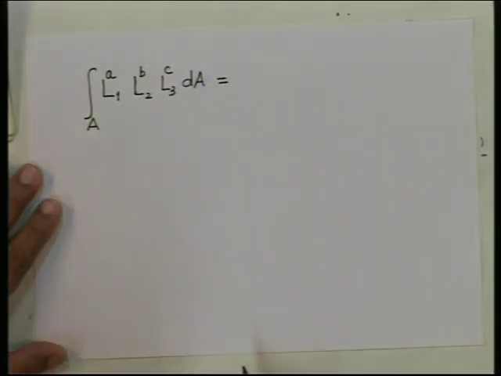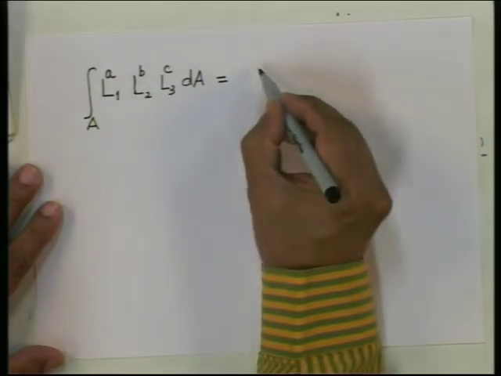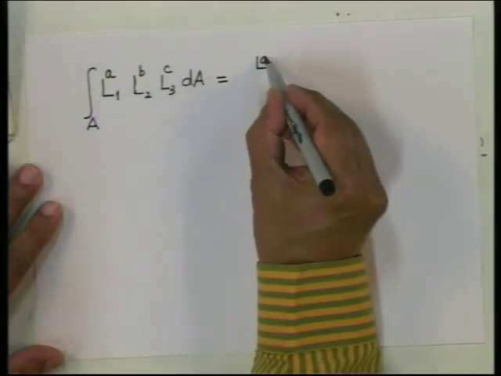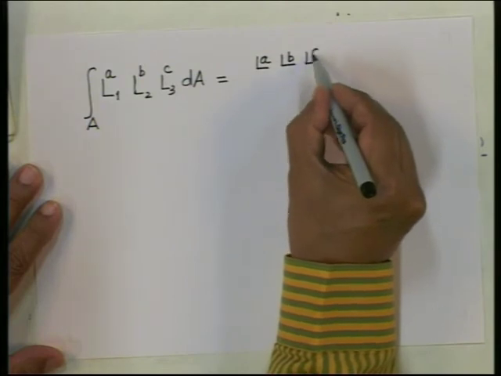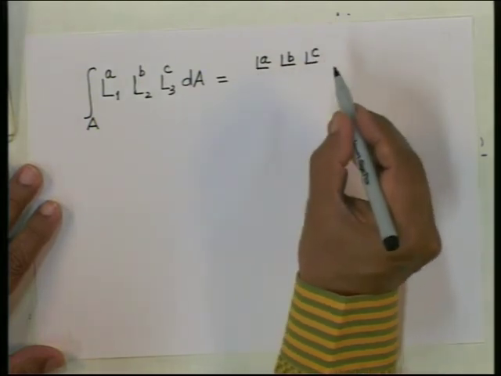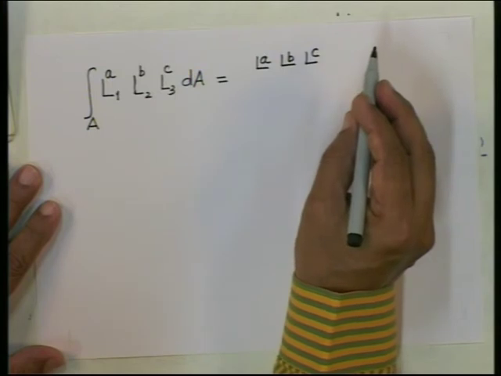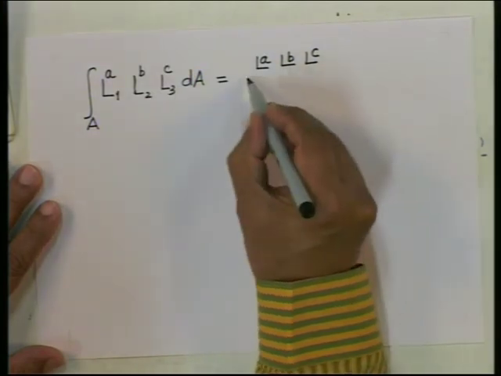In simple terms, such a function can be integrated very easily by a formula involving factorial a, factorial b, factorial c. Do you write factorial like this? Exclamation. That is the book, but we were taught like this.